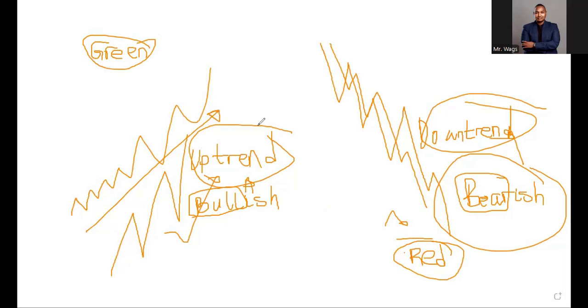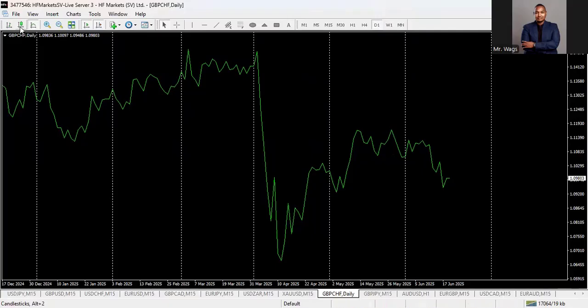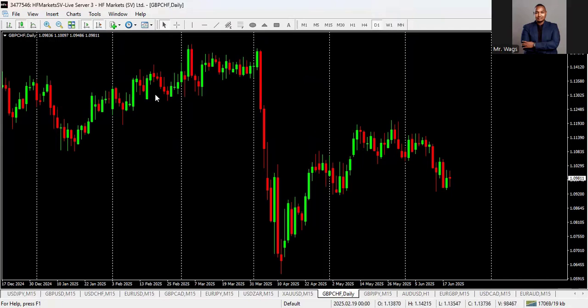So the market will always not move straight. It will be swinging. So when you use candlestick chart, you would find as the market is going down, the candlesticks would be red.